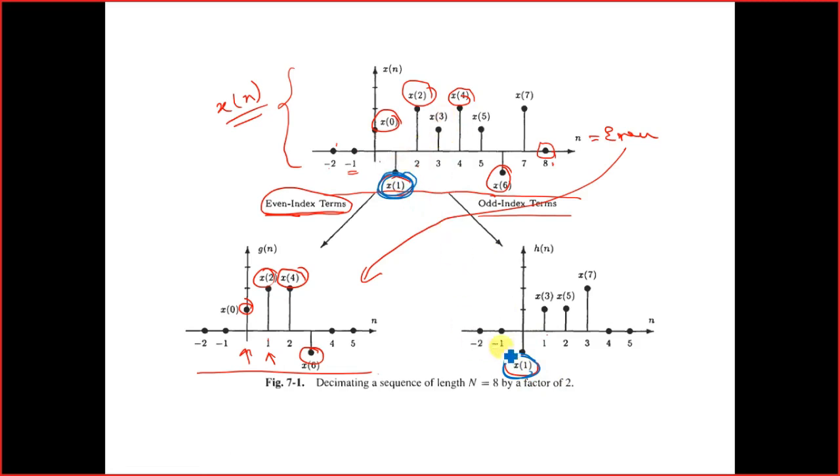Now after x1 we are having x3, which now has a time index of 1. Then x5, this is the x5. Then we are having x7, right? So correspondingly in the negative domain also, in the negative side also, we will have these values.